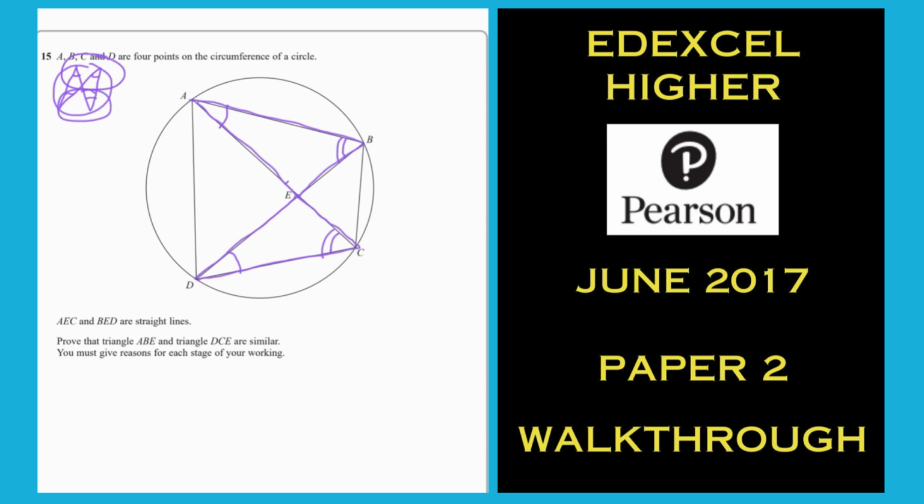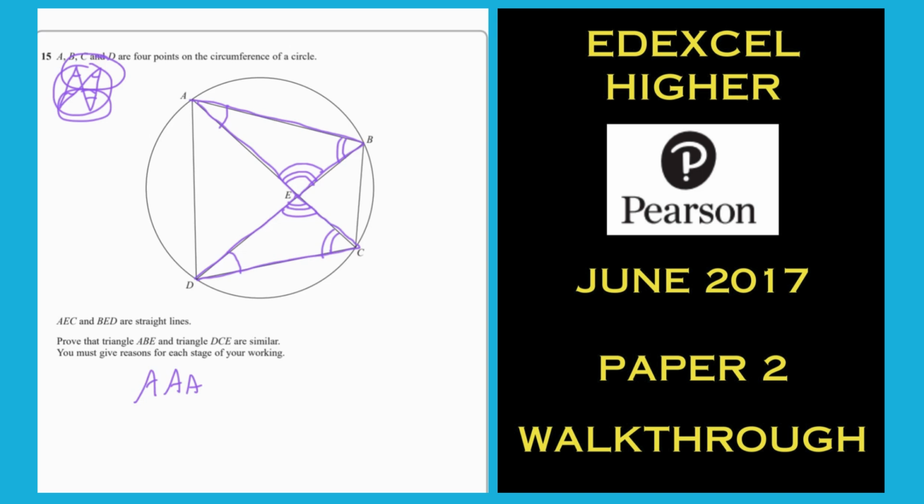Then you've got these, that angle there is equal to that angle there, because opposite angles are equal, or if you want to be perfect, vertically opposite angles are equal. In other words, you've got angle, angle, angle.